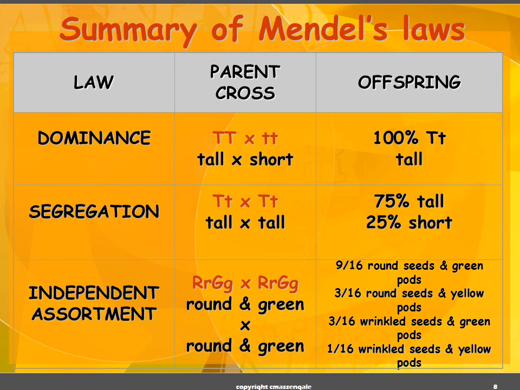And then independent assortment will give us what we have just had a look at. Round versus wrinkled, yellow versus green seeds, and we get the 9 out of 16, 3 out of 16, 3 out of 16, 1 out of 16, based on how the gametes mix before they are fertilized.